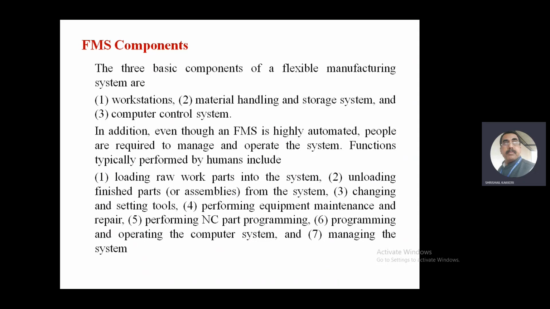Okay, and now some of the things which I have given here, even though you have the flexible manufacturing cell or system, some of the important functions which manually we need to do are loading of the raw material, unloading and loading of the raw material, and changing the tools. Correct? No, when you do it automatically or manually.